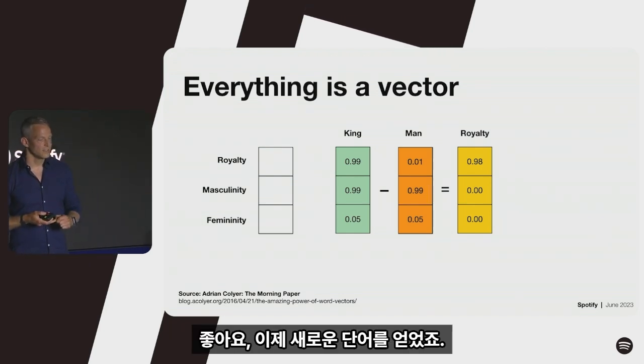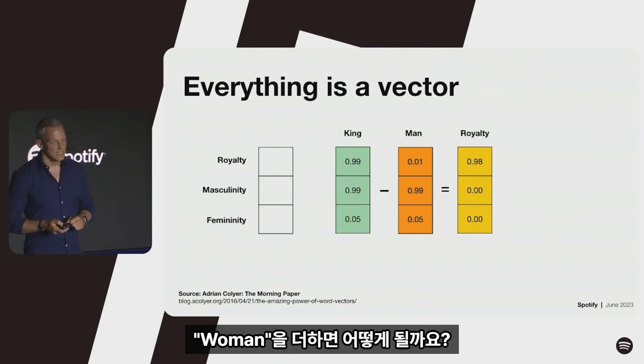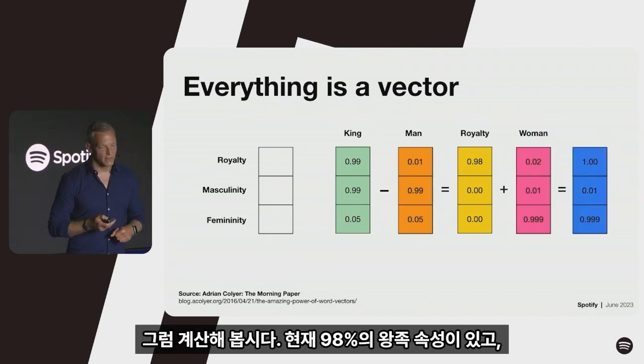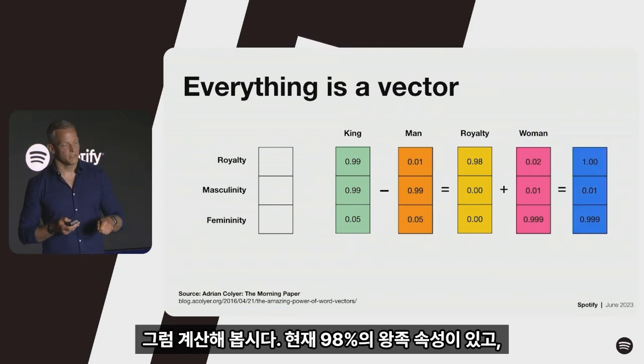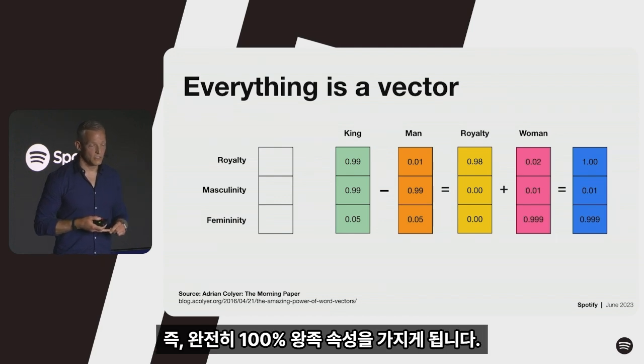Okay, so now we got a new word. What happens if we take pure royaltiness and we add a woman? So let's do the math. We have 98% royaltiness plus another 2% royaltiness in the woman. That means we literally get to 100% royaltiness.